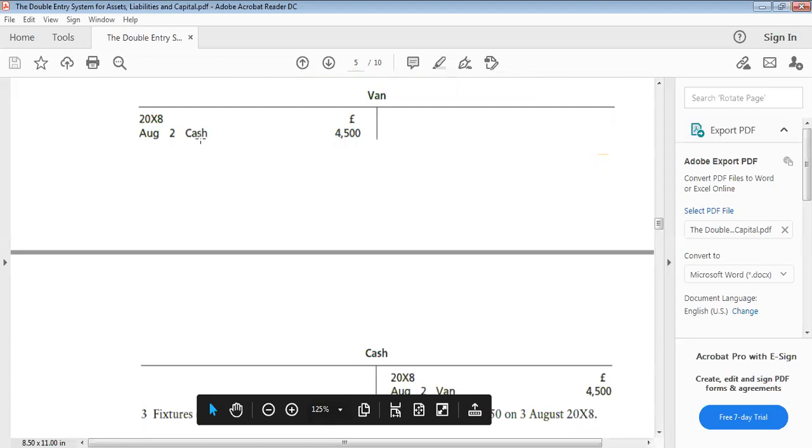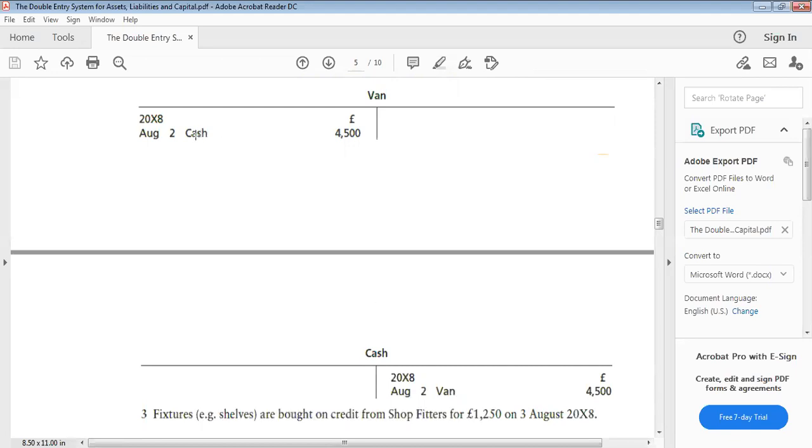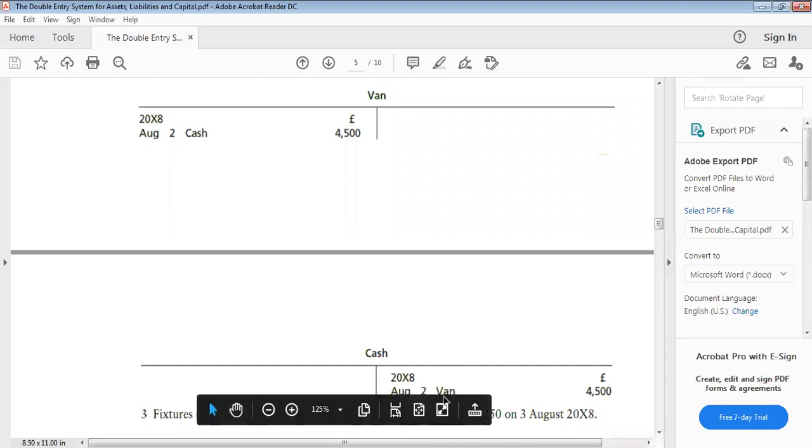And then you put in the description. You put cash on the van. Why? Because the transaction is between van and cash. So you put in the description for van as cash, and under cash you put van as a description. Good.